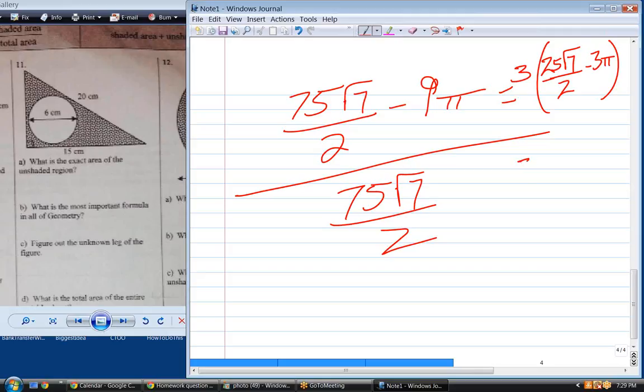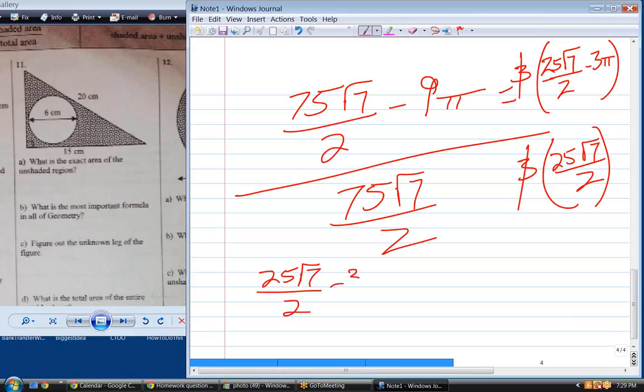Yes, we can. That'll be useful because now we can write the bottom as 25 root 7 over 2. And immediately this 3 can now cancel with that 3. So that is somewhat helpful. So what do we got now? We got 25 root 7 over 2 minus 3 pi in the numerator. Well, if I want to manipulate these into one thing, I'm going to multiply this by 2 over 2 to give it a common denominator of 2.